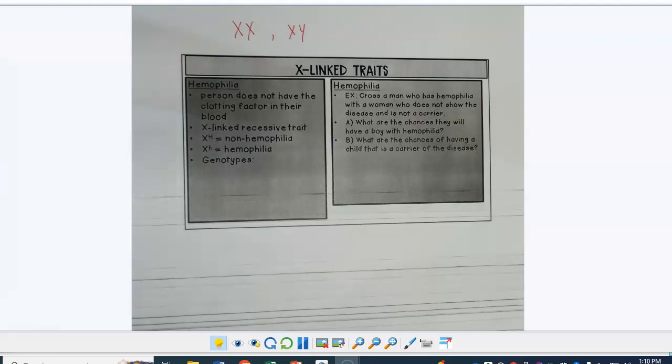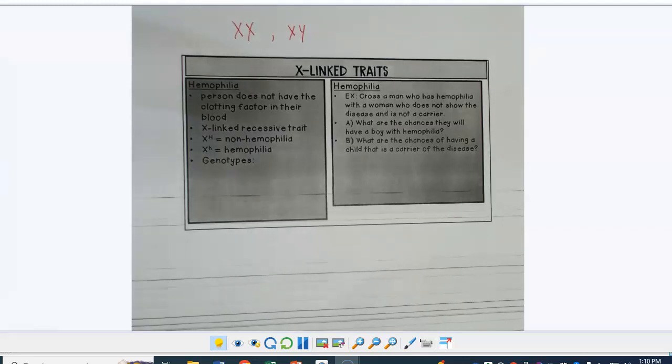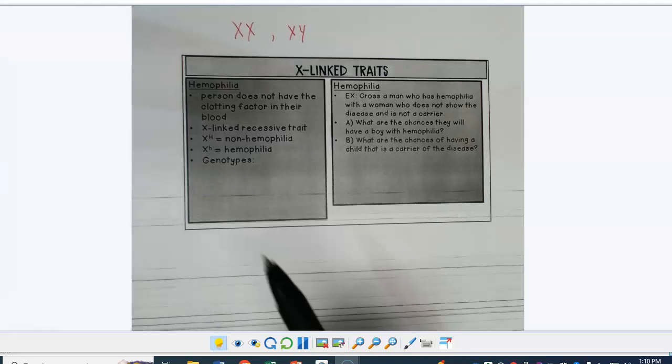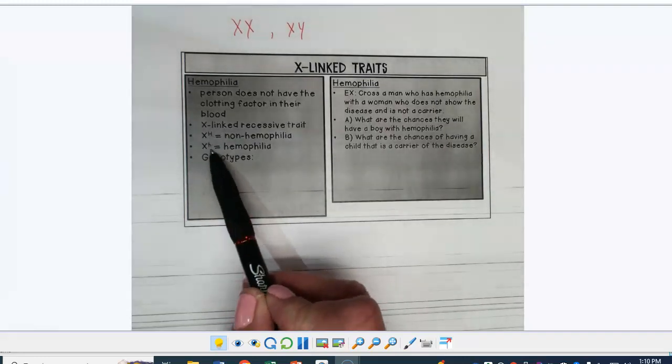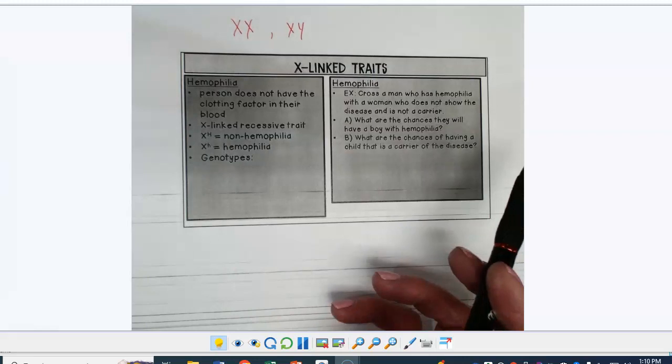Well, hemophilia is a pretty famous X-linked trait. So that means that the gene is carried on the X chromosome. It is not carried on the Y chromosome. Okay, we represent it with 2 different alleles. It does show dominance and recessiveness.